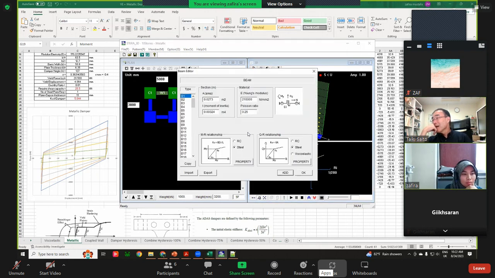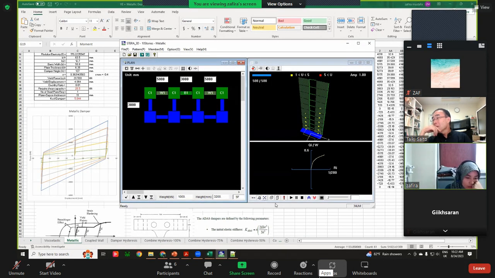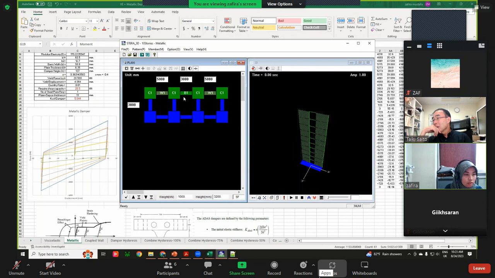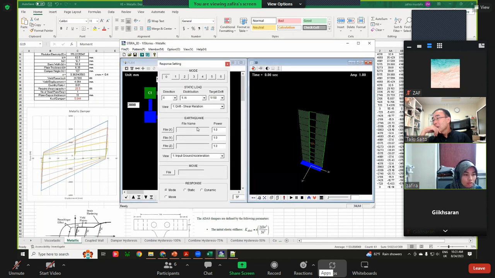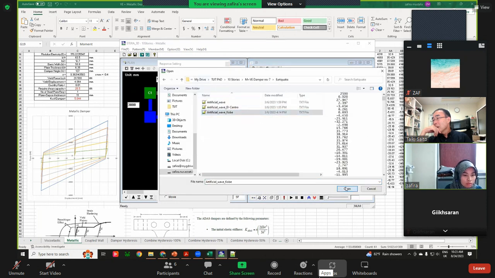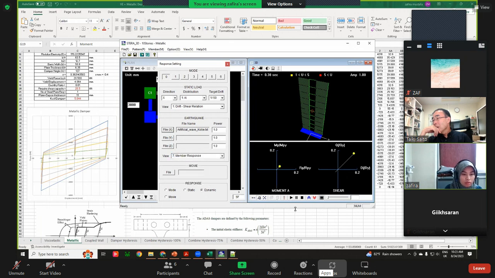But last time, it was under earthquake. Let me try the 5th story, this one. Last time, for example, copy, and then member response. So it's elastic.